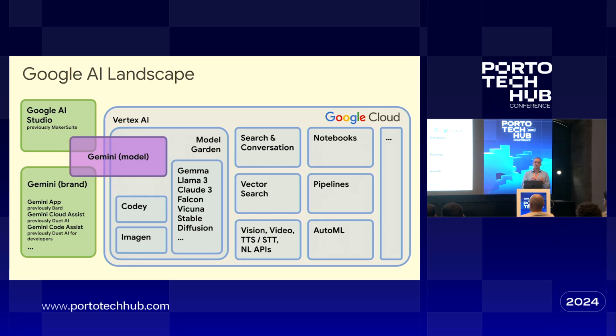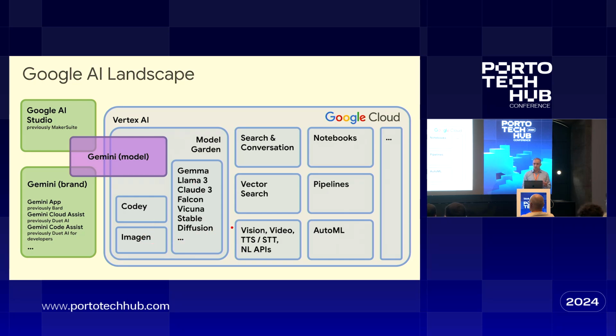But once you play with that and you're happy with what you have, then you need to deploy it to a platform. That's when you switch to Google Cloud. Google Cloud has something called Vertex AI, which is the AI part of Google Cloud. There, you have the Gemini models as well. But on top of that, you have other things, like a model garden for different models like Gemma or Llama or others.